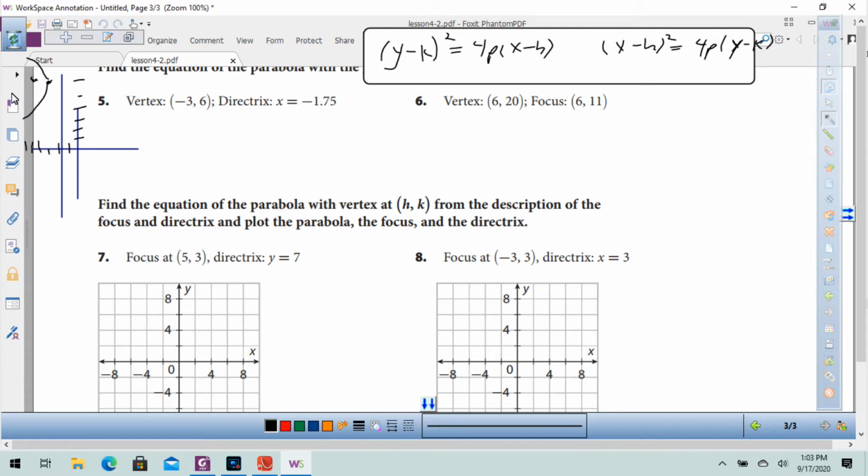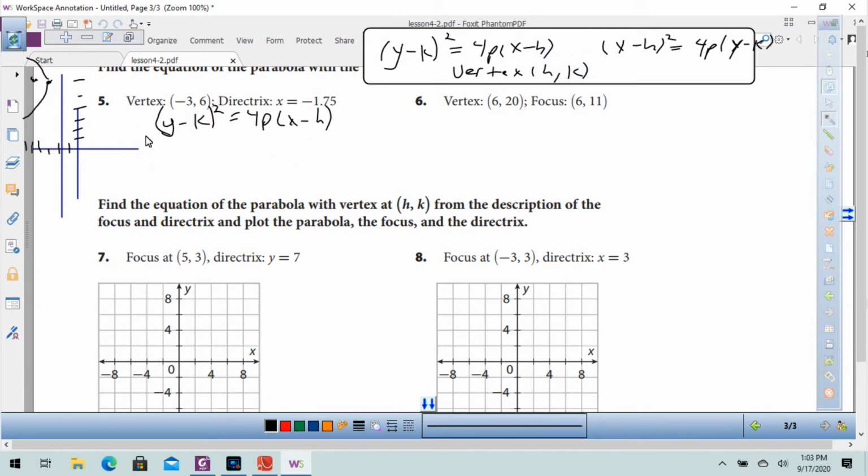So that's the difference. So we're going to have y minus k squared equals 4p times x minus h. Okay, h and k is the vertex. Vertex is h and k.